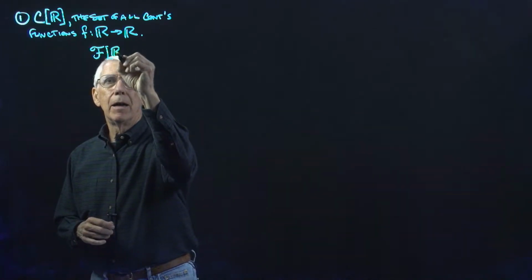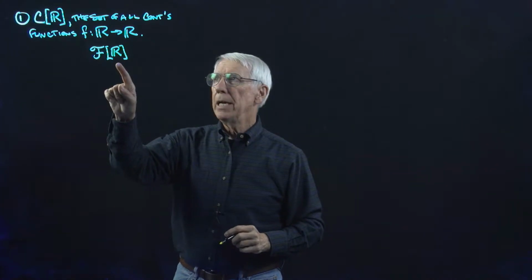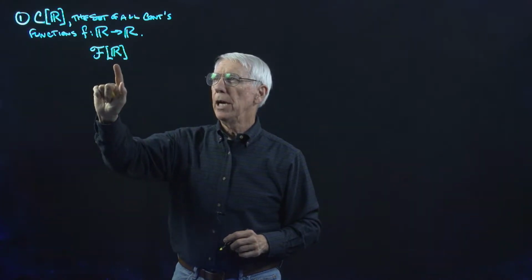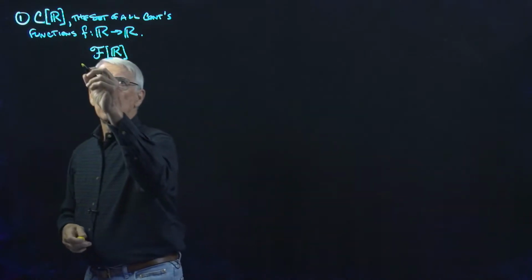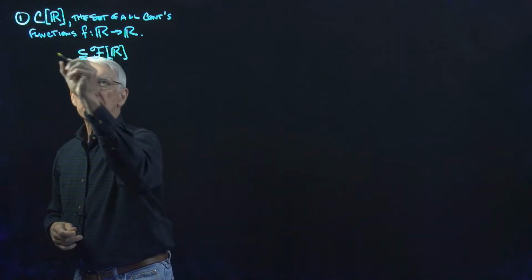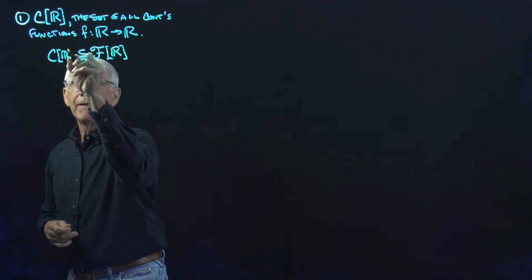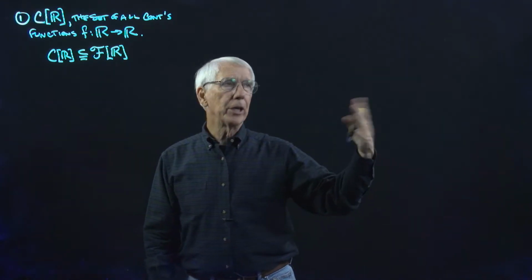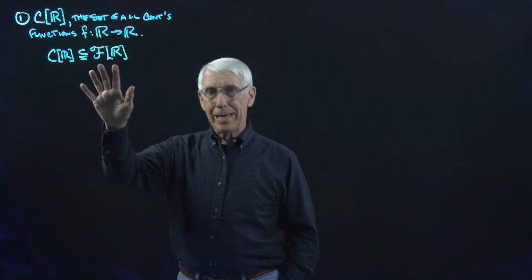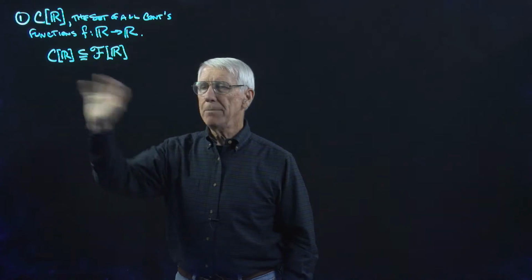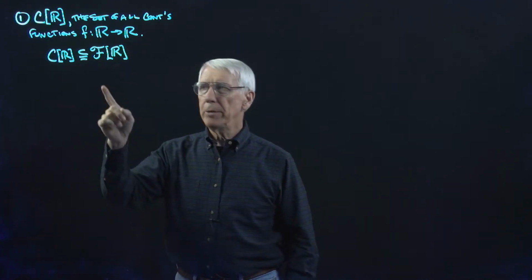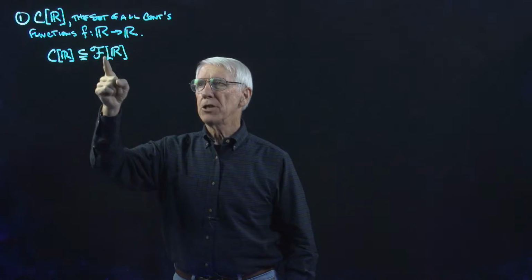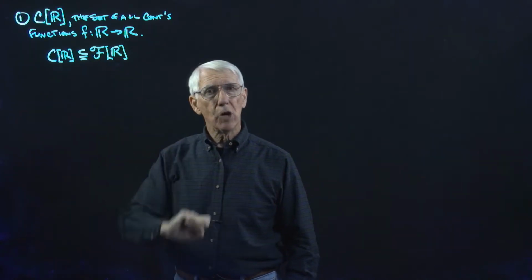So here, the set script f of R is the set of all real valued functions on R. And so the set of continuous real functions on R is clearly a subset of f of R. So here we have a situation like what we saw earlier in the lecture, where we know this is a vector space, and we have a subset of the vector space, and we want to determine whether that subset is a vector space in its own right, and therefore a vector subspace. How would we go about proving that?